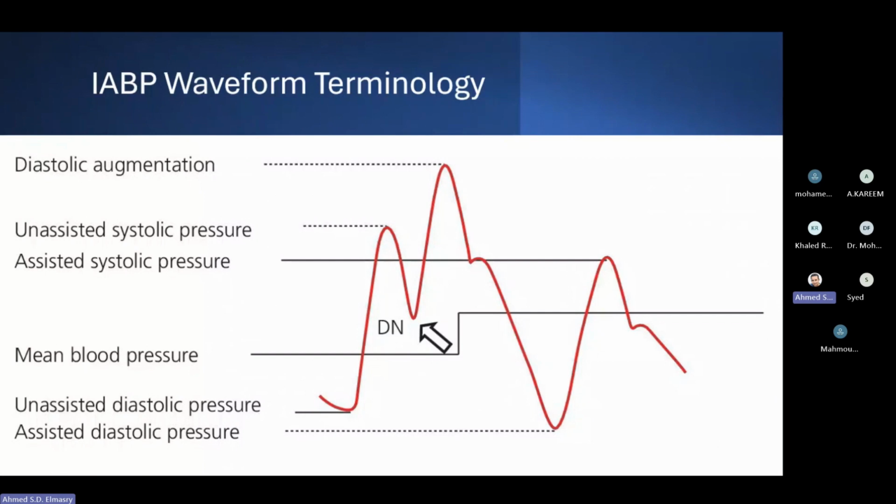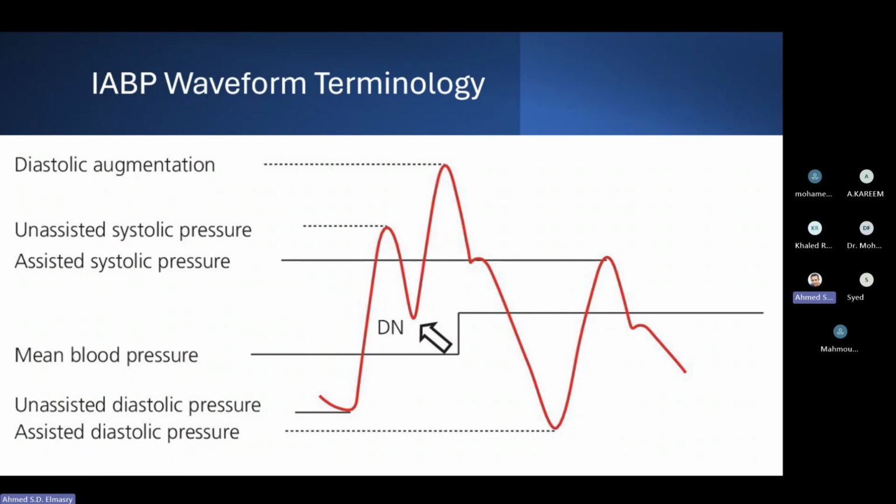So the assisted systolic pressure should be at a lower level than the unassisted systolic pressure, and the assisted end-diastolic pressure should be at a lower level than the unassisted end-diastolic pressure.